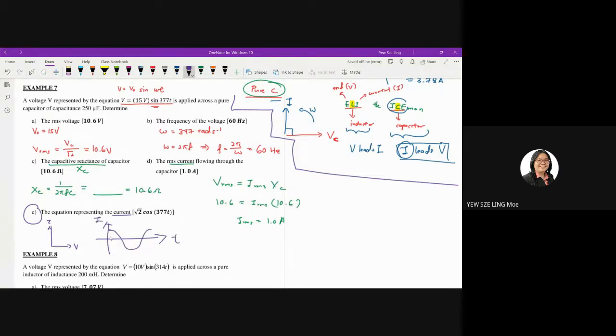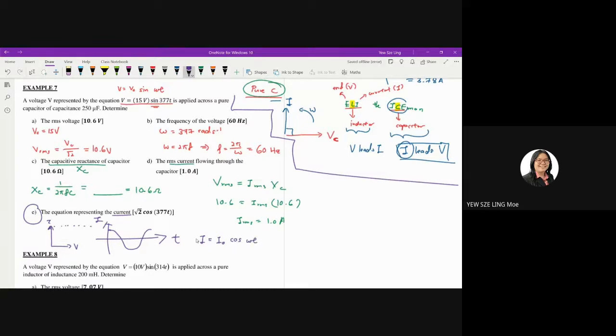If you have an I-t graph and do the projection, it starts from maximum value. So the general equation you're going to use to form the equation for I is I equals I naught, not sine, but cos omega t.